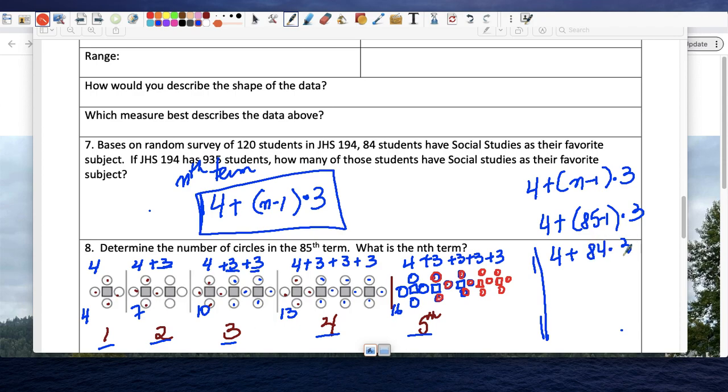We have to multiply by 3. 84 times 3 is 252, plus 4. And we get a total of 256. So on the 85th term, we need 256 circles. Okay. So, yeah, that's it. All right.